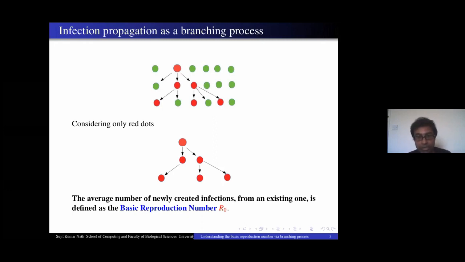When R naught is less than or equal to 1, the infection will die out in the population, and when R naught is strictly greater than 1, the infection grows exponentially. We will see later how we can conclude this. This is the main motivation for studying branching processes.